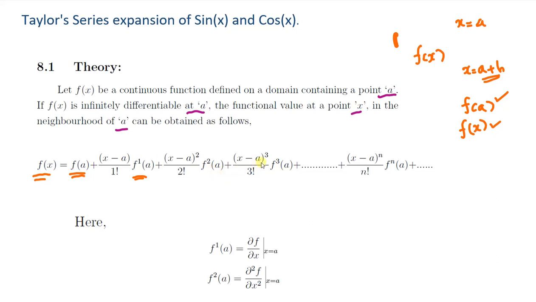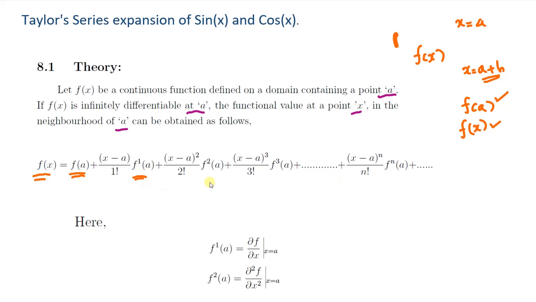Plus x minus a all cubed by 3 factorial into f3 of a plus etc., x minus a all raised to n divided by n factorial into fn of a plus etc. So this is actually the Taylor series expansion.